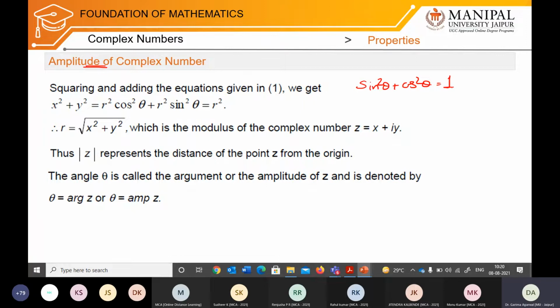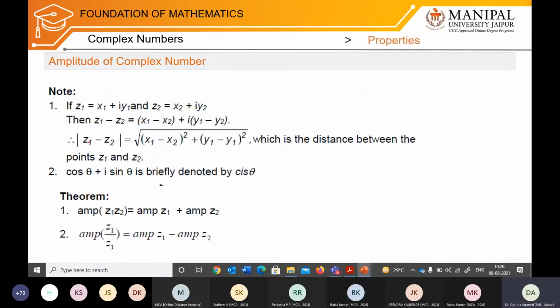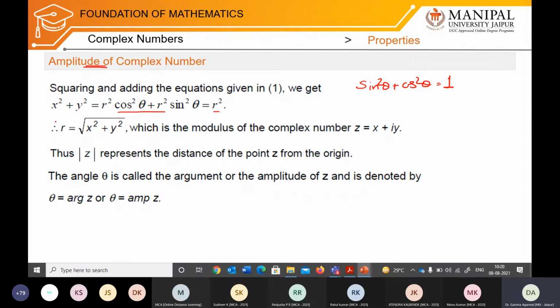So the right hand side will be r square, and the value of r is root x square plus y square, which is the modulus of z. So we can say mod z is equal to r, which is equal to root x square plus y square, right?